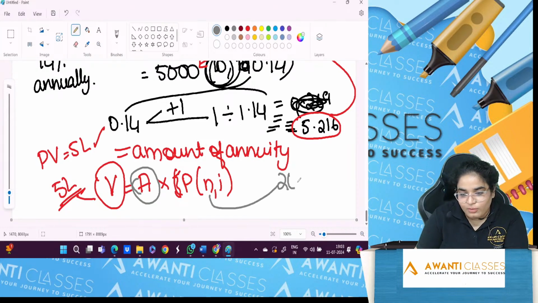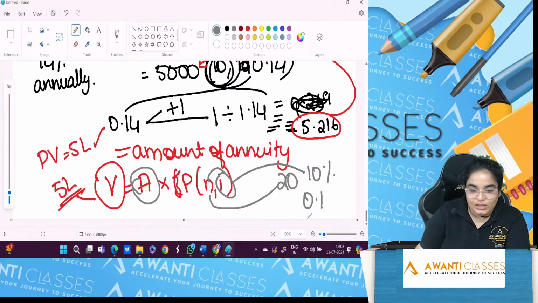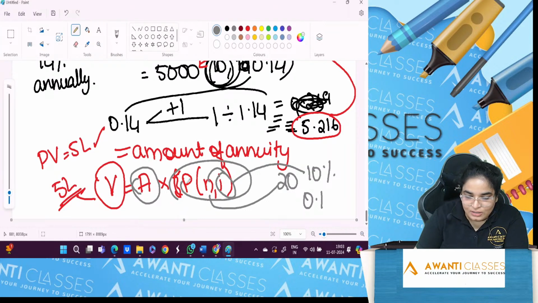N is 20 payments, 20 years. I is how much? I is 10% or 0.1. So, you have to find this, and divide 5 lakhs by that.